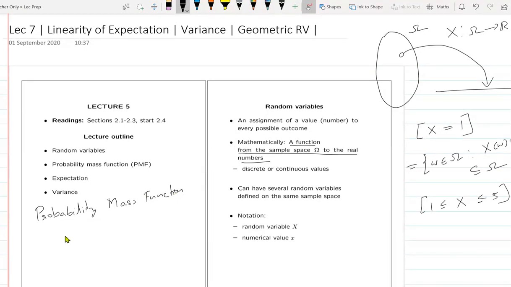For any random variable X, it is denoted like this. This is nothing but the probability that the random variable capital X equals the value small x. This is called the probability mass function.